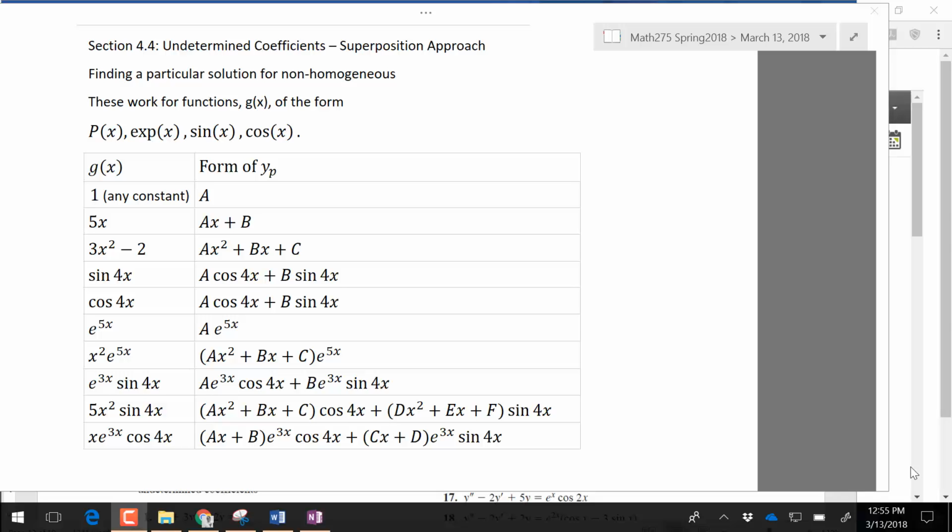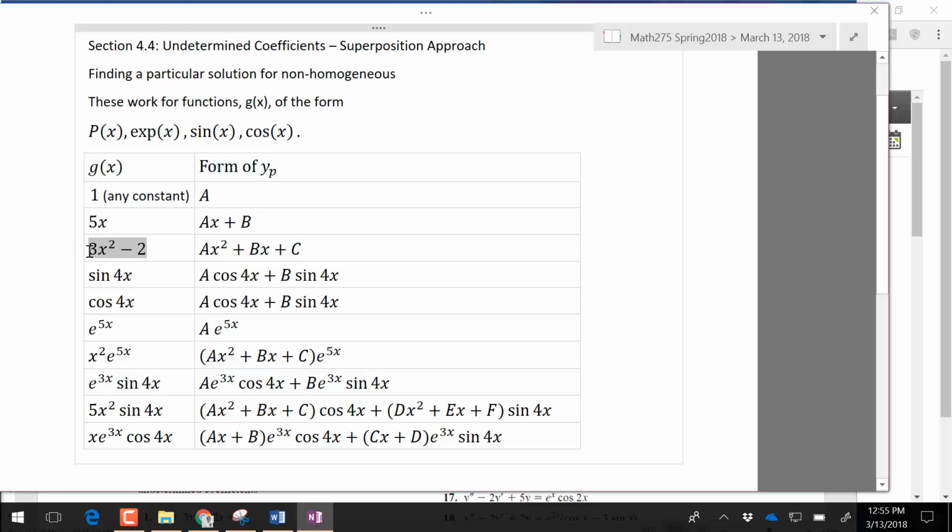If you have a quadratic, then your general polynomial is ax squared plus bx plus c. Again, even if your right-hand side has a second degree polynomial and there are some missing terms, like the linear term is missing in this case, you still want to get the most general polynomial possible.